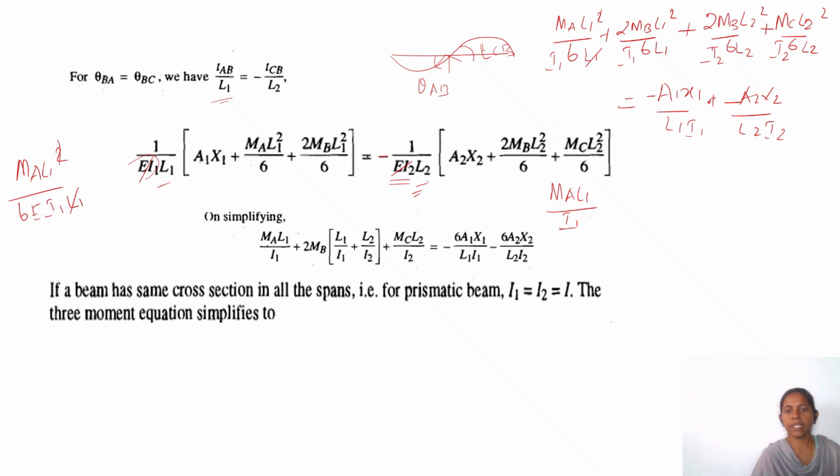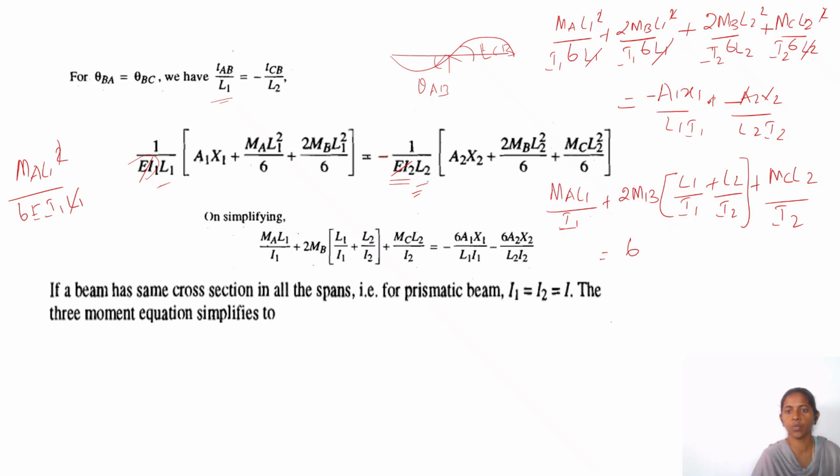So it remains MA L1 by I1 plus, you take 2 MB outside, and you cancel L1 and L1 square, L1 by I1 plus L2 by I2, plus MC, you cancel, L2 by I2, and you take 6 outside, 1 by 6, and multiply to the other side, that is the right hand side.